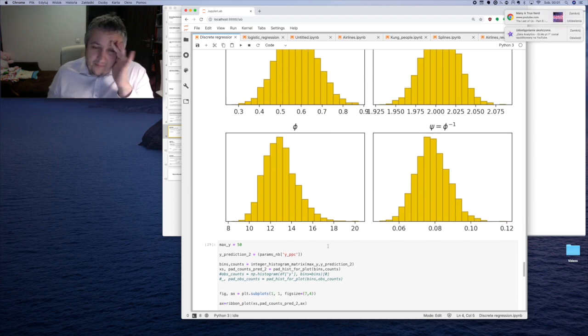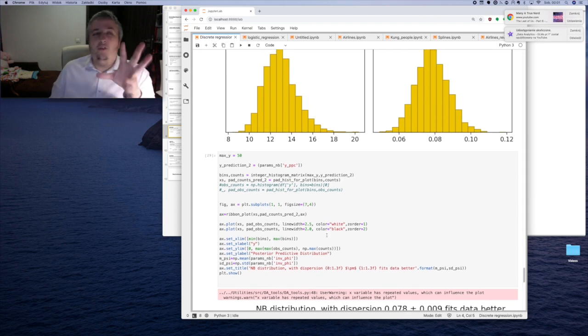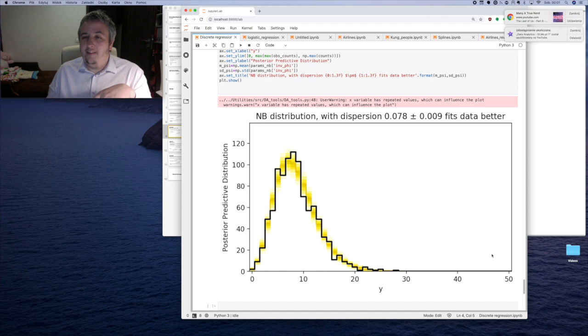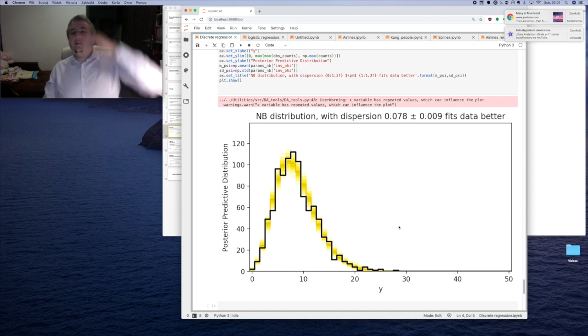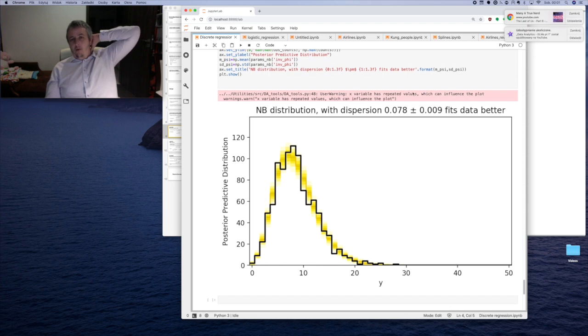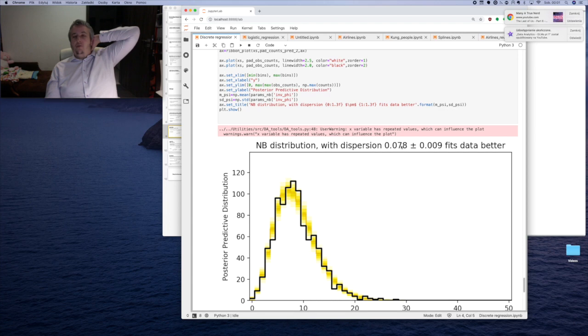So we can repeat our results with this new model and see how it fares in a histogram comparison. And it fares very nicely. We've replaced the Poisson distribution with a negative binomial distribution with a relatively small estimated dispersion, because the marginal distribution is around 0.078 with a very small standard deviation.